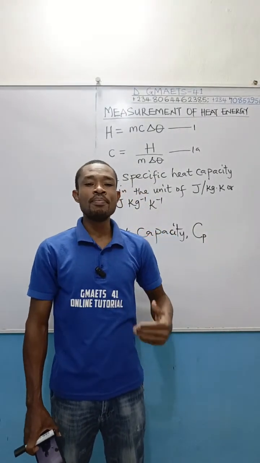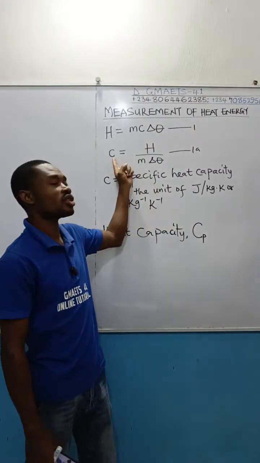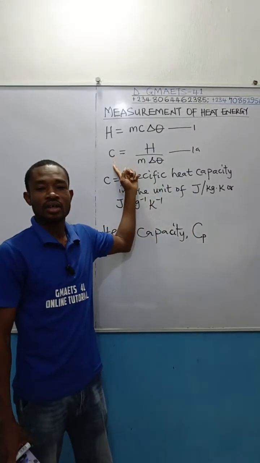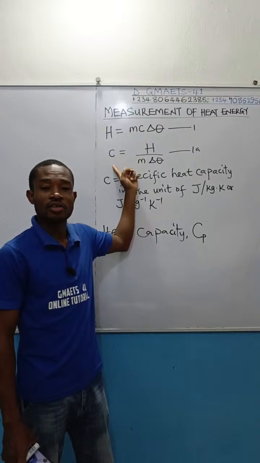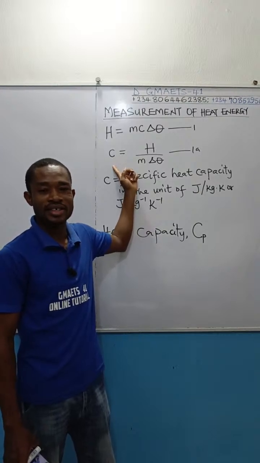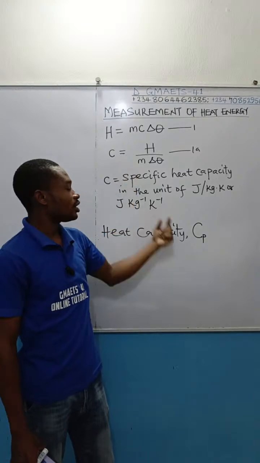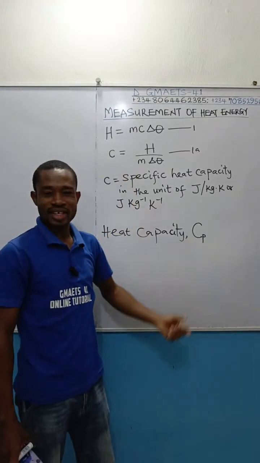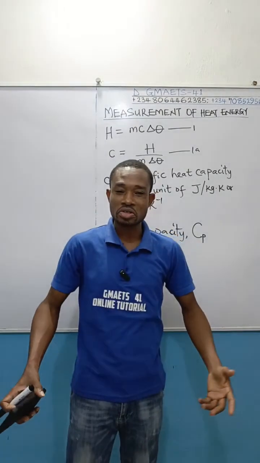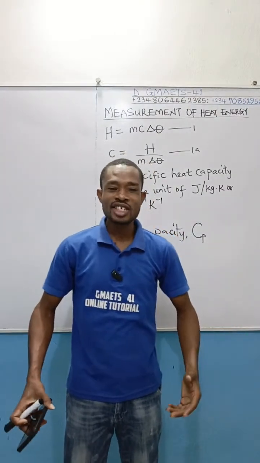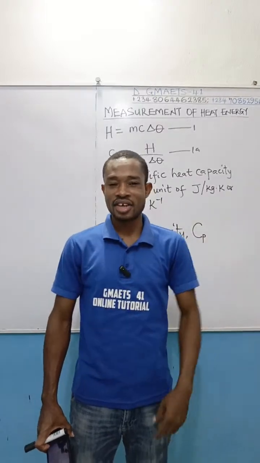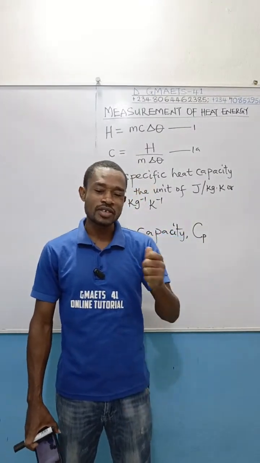The difference between both is, in the case of specific, you are talking about the heat required to raise the temperature of 1 kilogram of a substance through 1 degree rise in temperature. But this one is just heat capacity. When I talk about it to students, I say it is an open heat. What do I mean by that? It is not for any specific mass. Are you getting me right?